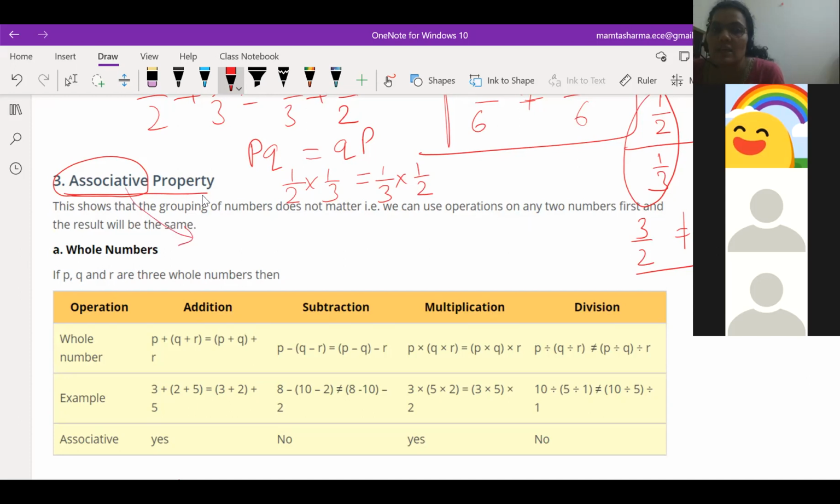If somebody is making an association, somebody is making a grouping. If Reliance is an association, it means there are a lot of groups in that company working in a group. So our concern is about groups. Associative means grouping.